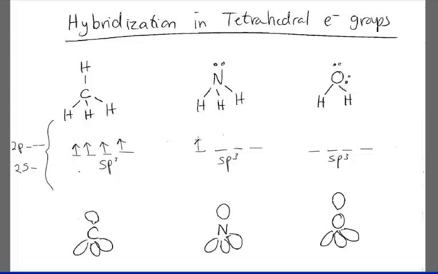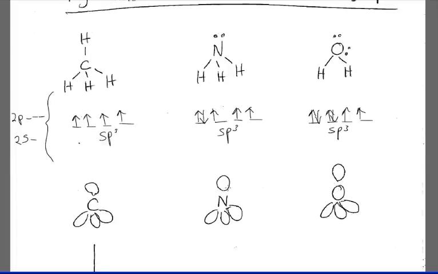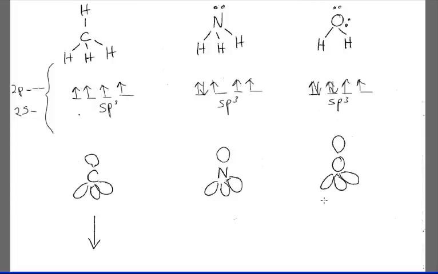Nitrogen has 5, so the 5th one's going to go in one of the orbitals and make 2 in that orbital. Oxygen has 6 valence electrons in the 2 level, so 2 of them will have to pair up in the sp3 hybrids. All right, now let's see what that looks like pictorially around the atom, the central atom.